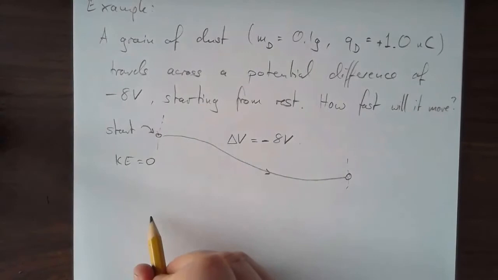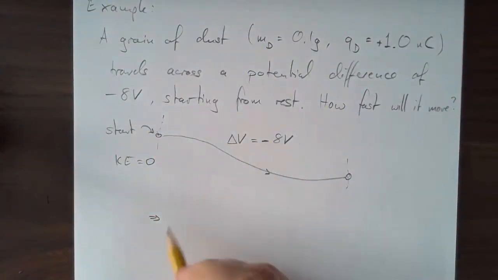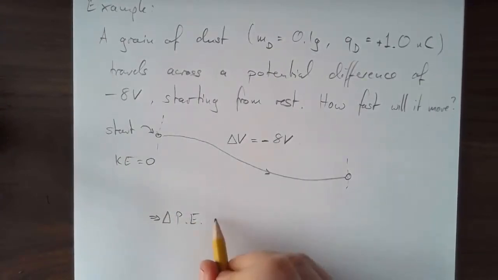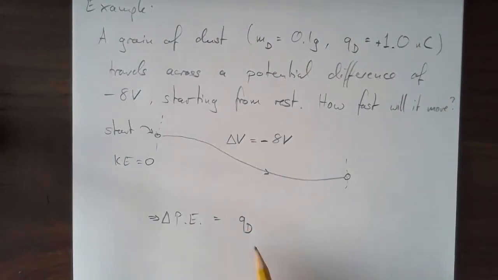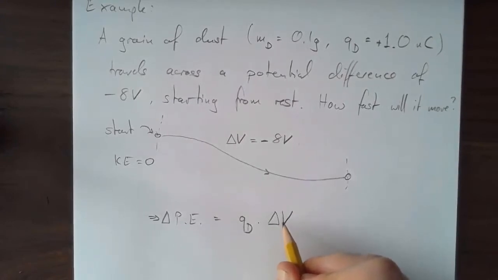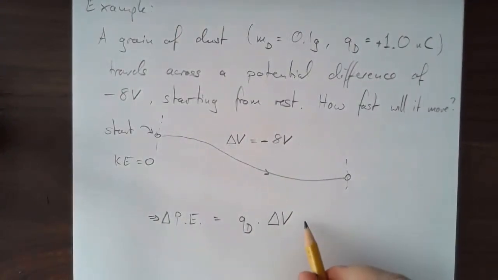So that implies, the particle goes from here to here, the change in potential energy, delta PE, is the charge of the thing that's moving times the potential difference, because that's the potential energy change per charge. So how much charge do I have? Well, I multiply those.